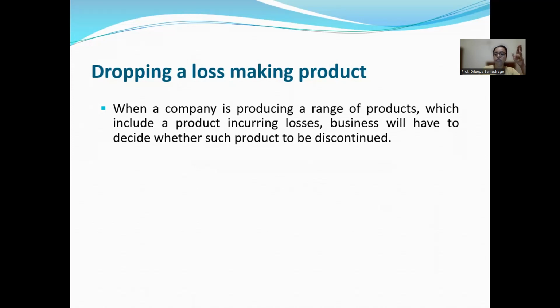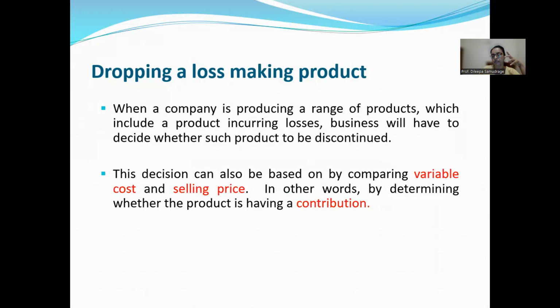But using CVP knowledge, you have to elaborate further, that is, explain whether the loss-making product gives you a contribution. Maybe it's a loss-making product, but if it gives you a contribution, you should not stop it, right? So that is the decision.